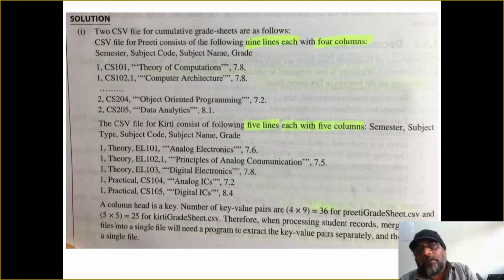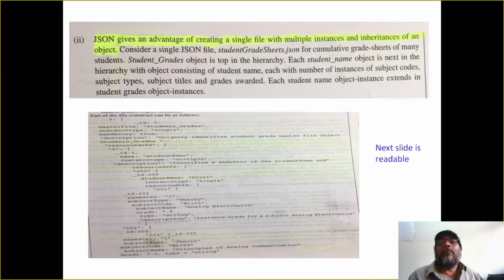So this is one problem here. Now we have JSON representation. How can this be solved easily with JSON representation? JSON gives an advantage of creating a single file with multiple instances and inheritances of an object.